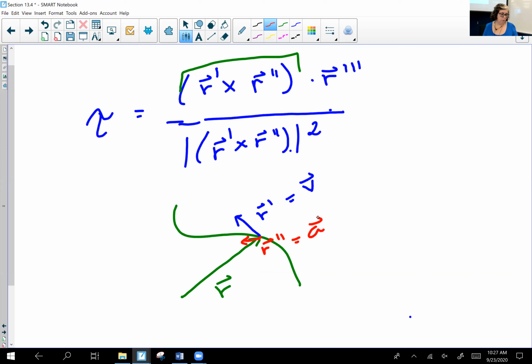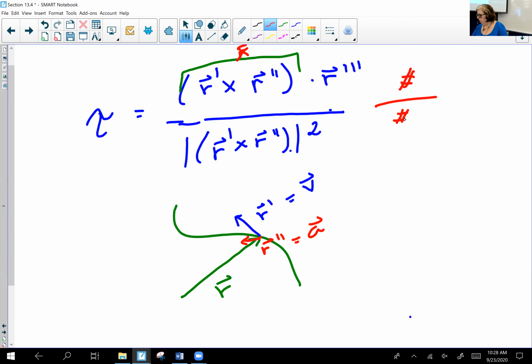So I just wanted to give you the big picture relationship. Your last homework problem is a torsion problem, but it's not on your quiz, but I wanted to make sure you saw it. You're going to come out with a number, because this gives you a vector, and when you take the dot product of two vectors, that's just a scalar, over the magnitude, which is also a scalar.